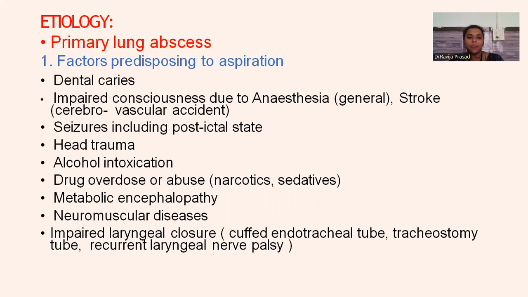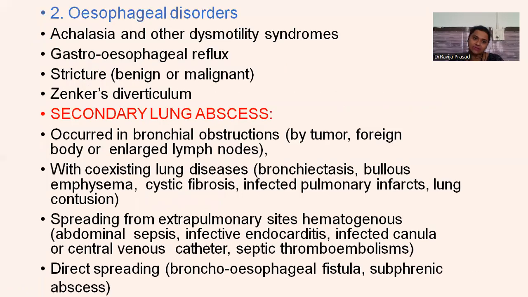The etiology of lung abscess is again divided into primary and secondary types. For primary lung abscess, first, the factors predisposing to aspiration, for example dental caries, impaired consciousness due to anesthesia, stroke, cerebrovascular accident, seizures including the episode stage, head trauma, alcohol intoxication, drug overdose or abuse, narcotics, metabolic encephalopathy, neuromuscular diseases, impaired laryngeal closure, cuffed tracheal tube, tracheostomy tube, recurrent laryngeal nerve palsy.